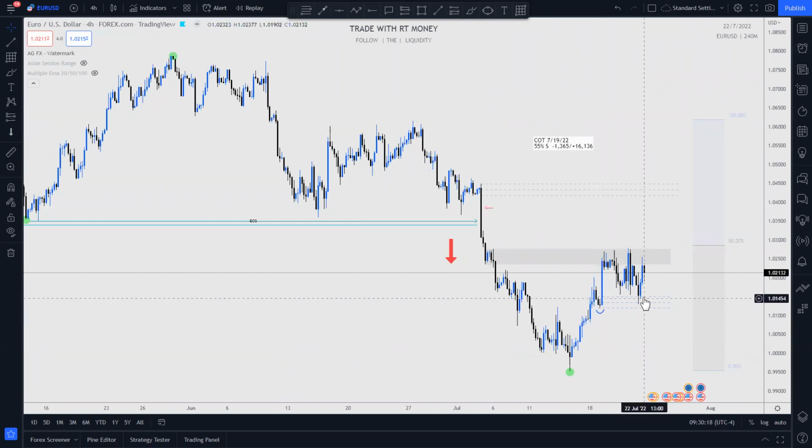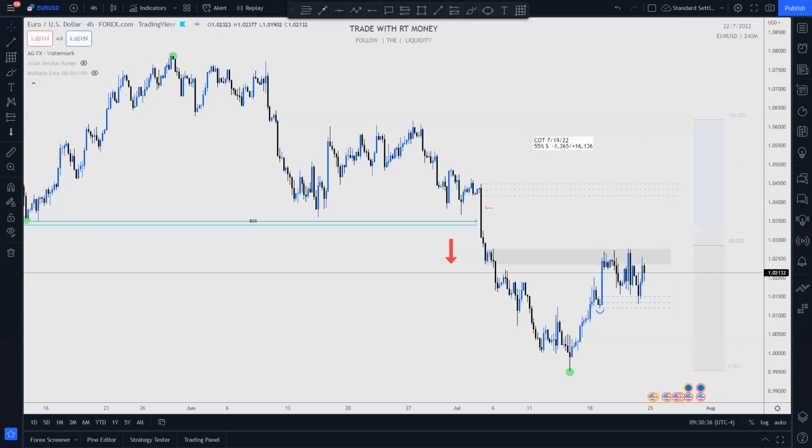We need to see that taken out first for a confirmation trade. We can catch the confirmation trade on 15, enter in with a nice stop loss, and we can go on a nice small tight stop loss, and we can take it on down.